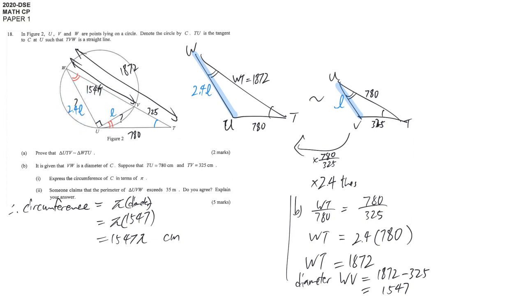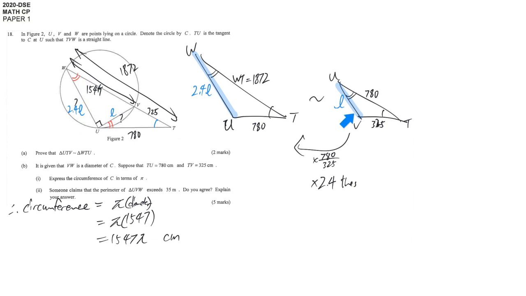Then we can get L. That's why in using similar triangles, rather than just memorize the procedure for how you set up the formula, the more important thing is you know that you are going to multiply every length by a certain ratio, and that ratio is very important. So we let UV equal L, then WU is equal to 2.4 L.